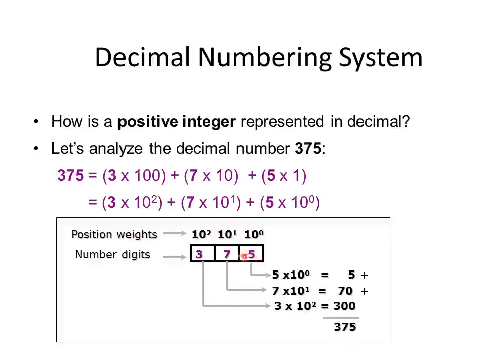The 5 is known as the least significant digit, and 3 is the most significant digit. The position weights increase from right to left, and it is represented in exponent view as 5 into 10 to the power 0, 7 into 10 to the power 1, and 3 into 10 to the power 2, that means 375.